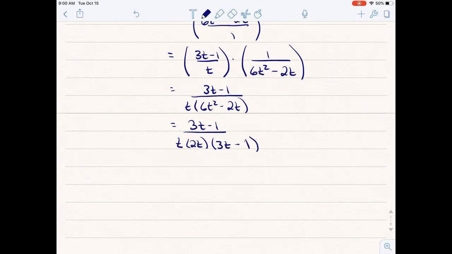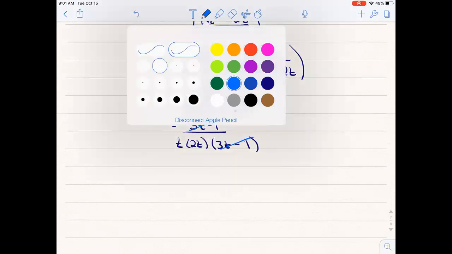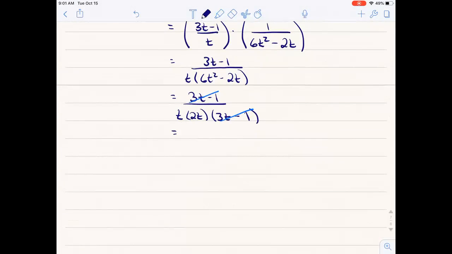The only reason I did that is because it conveniently cancels the 3t minus 1. I've got 3t minus 1 on the numerator, but also as a multiplier in the denominator, and so I'm allowed to cancel them, only if I'm multiplying all the way through. So this cancels with this. Now I'm left with 1 over t times 2t. Let's just write that as 2t squared.